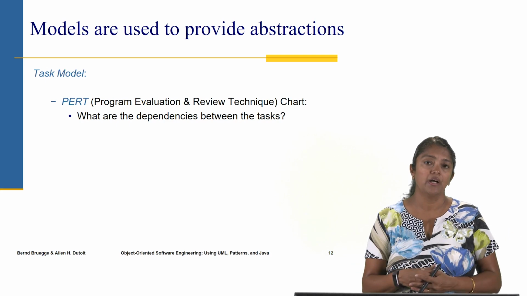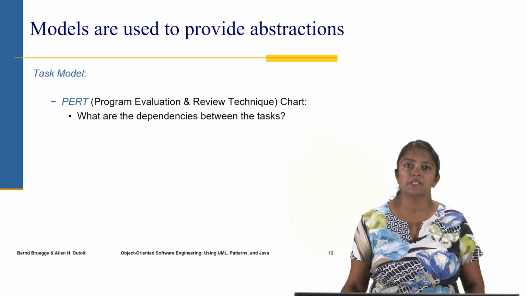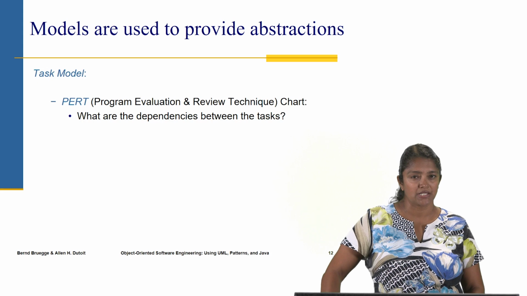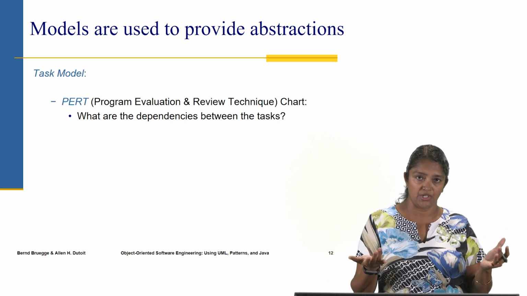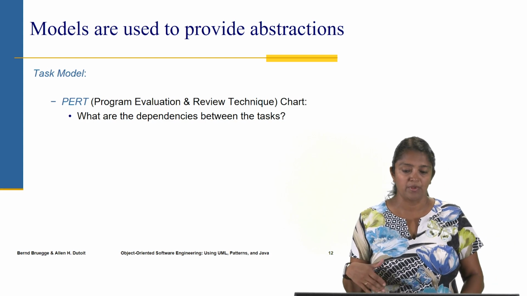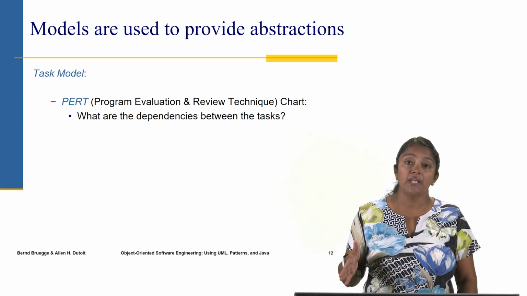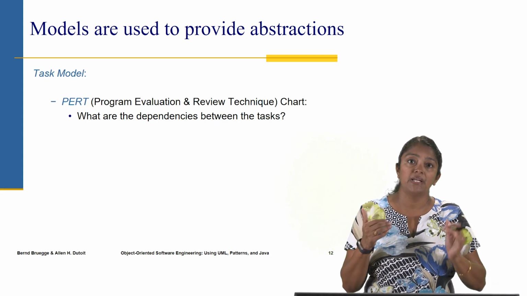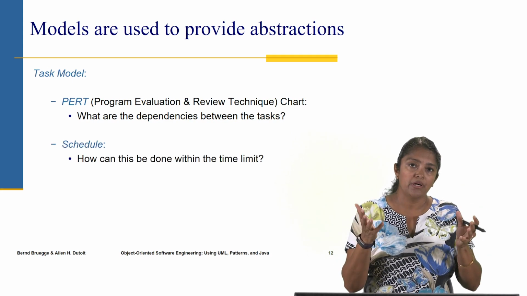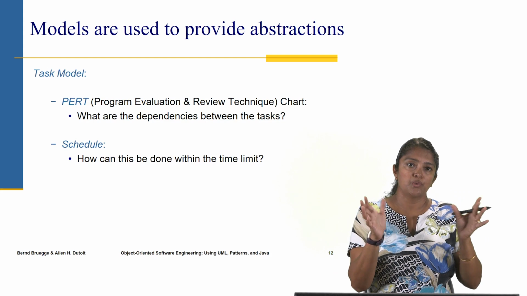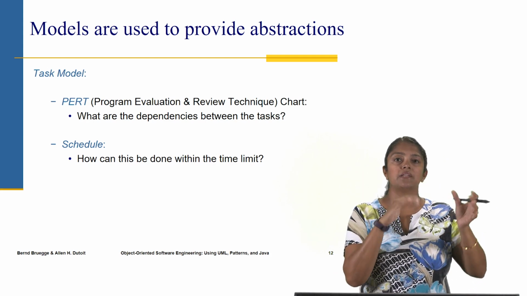It's called a PERT chart. Now the idea over here is to come up with a list of tasks that need to be performed for this particular software engineering problem solving activity, and then coming up with the dependencies between the tasks. What are the dependencies? So using a PERT chart, we can basically visually list all our tasks and the dependencies between those tasks.